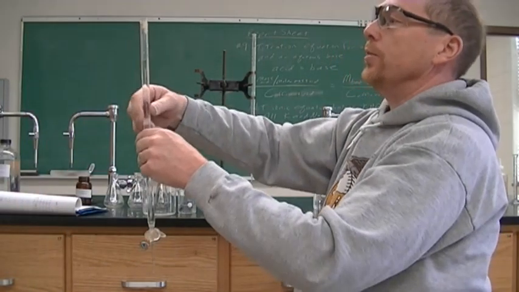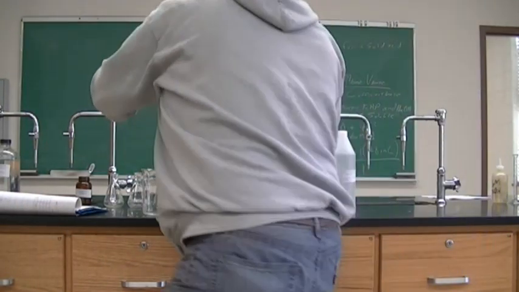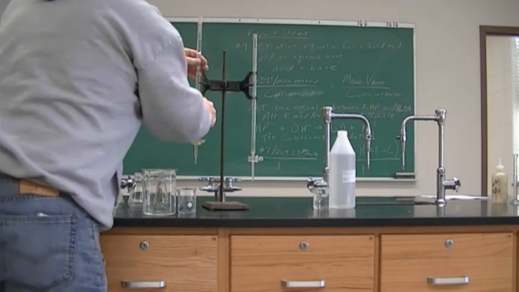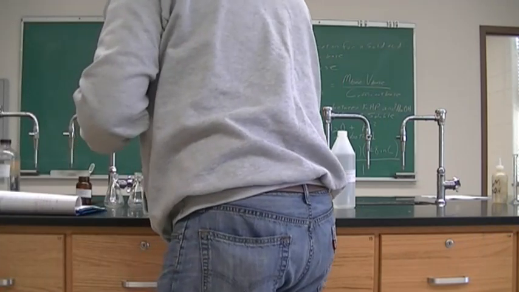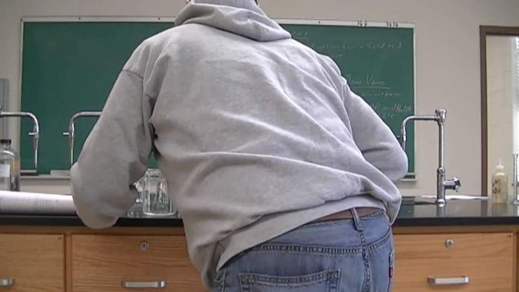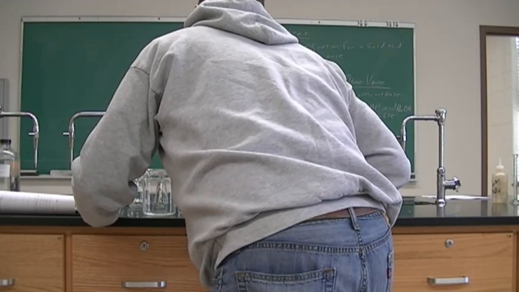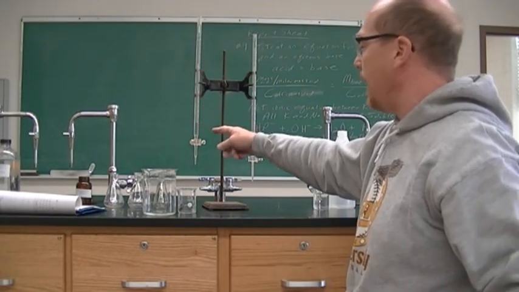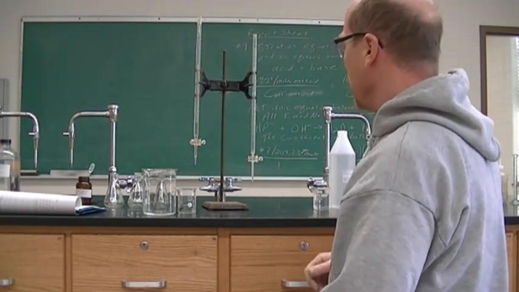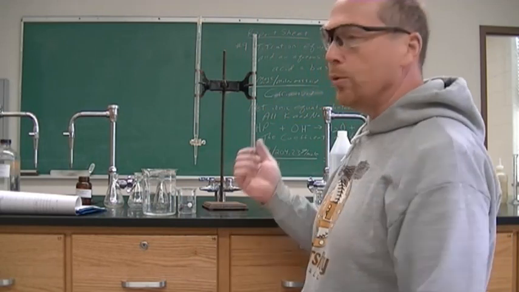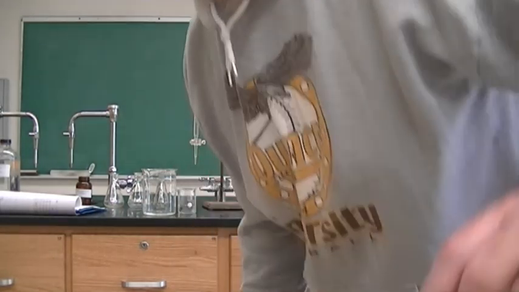So this is going to read, and I'm going to put it back into my burette stand. All right, and so this reads 0.15. And so our initial reading for our acid is 0.15. And that is milliliters in your cylinder. So I will do that with the base, and then I will come back to you after that.